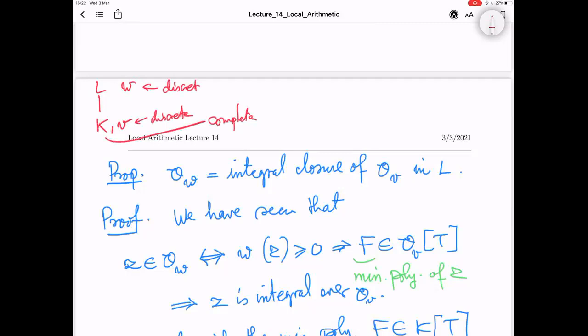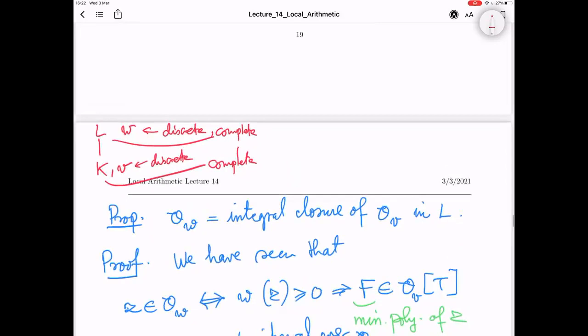And also, we have seen that L is complete. Remember, we had seen that any two norms are equivalent and L is complete with respect to any of the norms. So L is complete for this discrete valuation W.